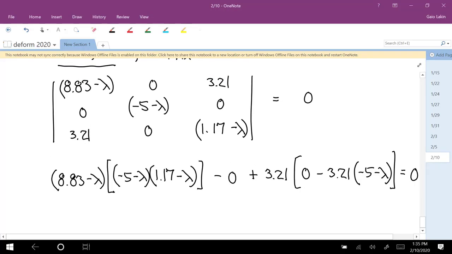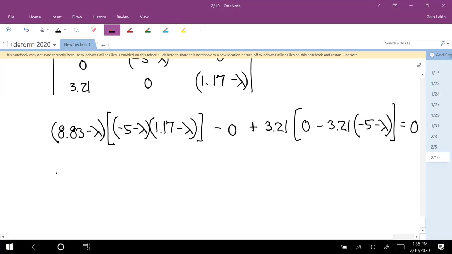So this is 8.83 minus lambda times, I'm going to FOIL out the inside, so what's negative 5 times 1.17?